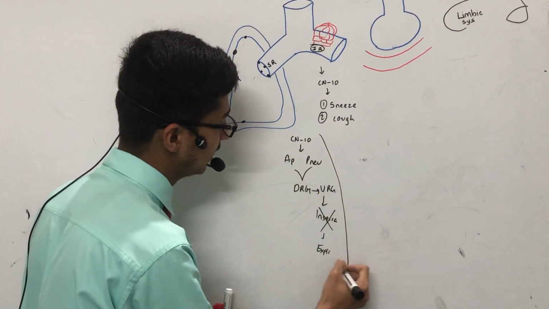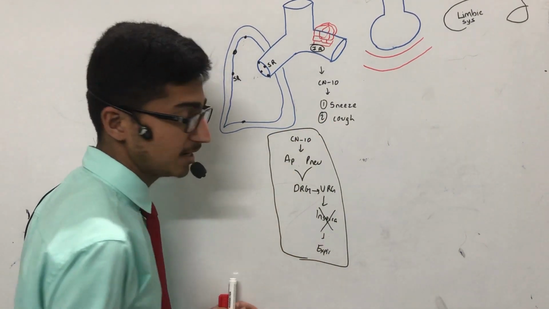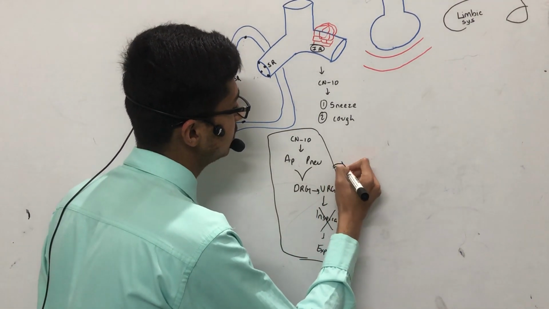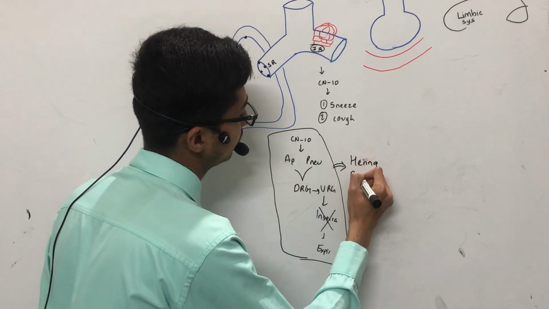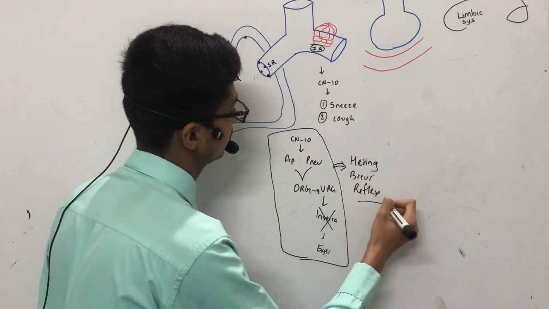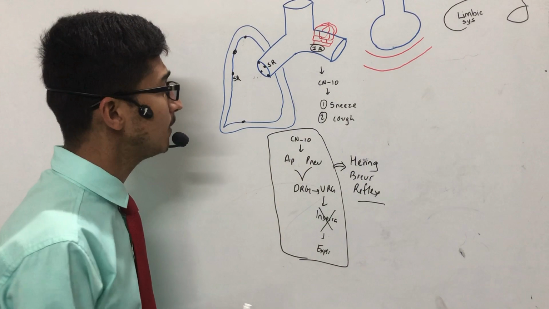This whole mechanism wherein inspiration gets stopped and expiration gets started is known as the Hering-Breuer reflex. I just want to add the name of this reflex, so I repeated the thing.